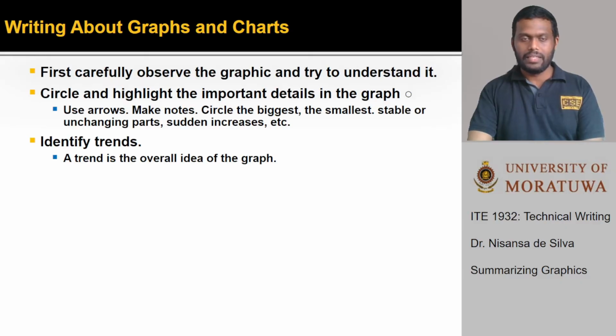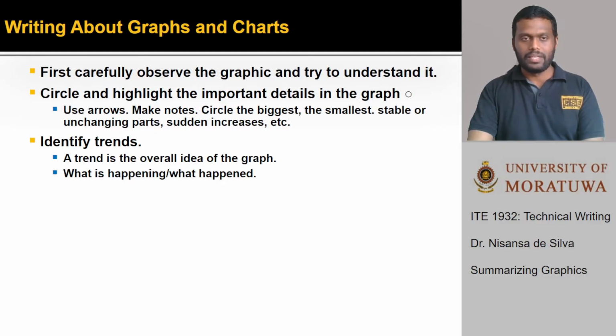The trend is the overall idea. This can also happen in a sub-area of the graph as well. Identifying trends on a smaller scale helps you identify larger trends, similar to the oscillating patterns that I mentioned earlier.